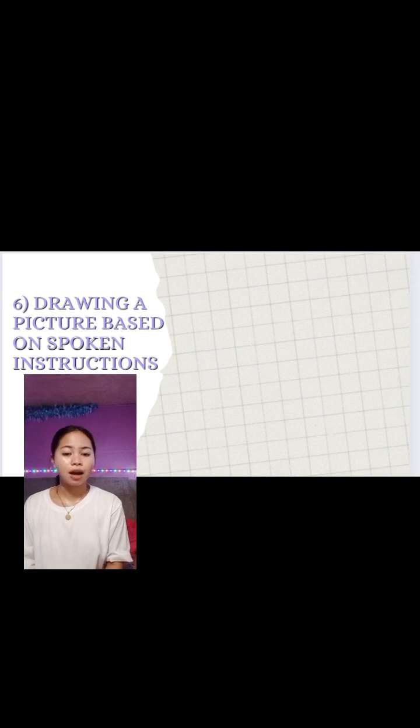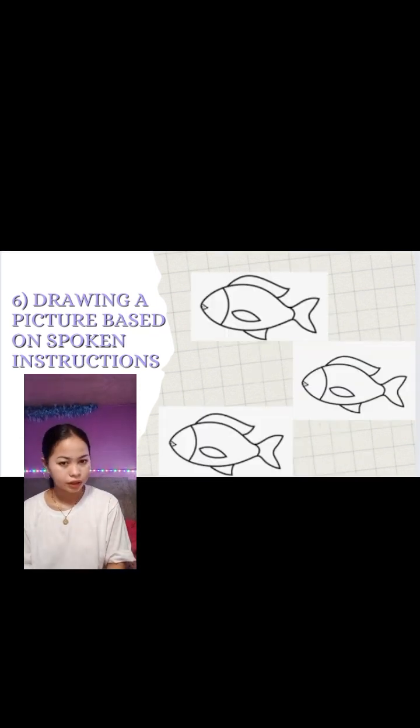So, read aloud instructions for drawing a picture. Instruct the children to listen to the instructions and draw a picture based on what they hear. For example, instruction number 1 is draw 3 big fish swimming in the water. Okay, after they draw it, you give the next instruction.